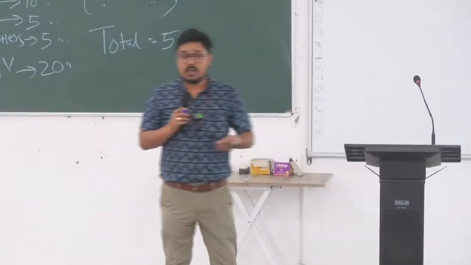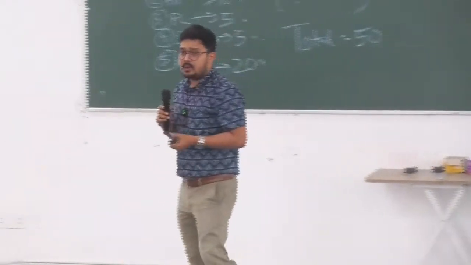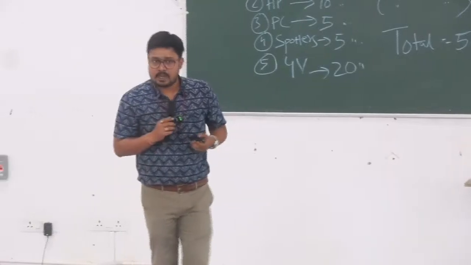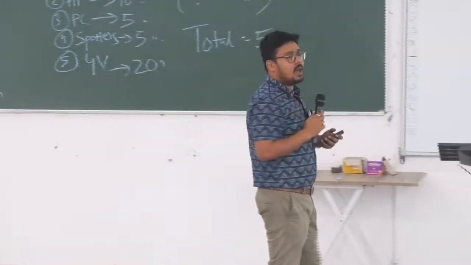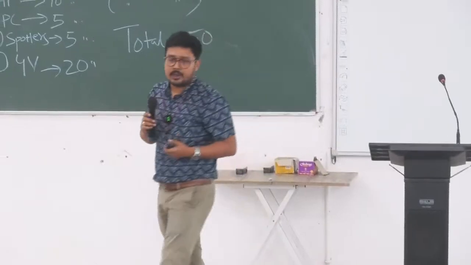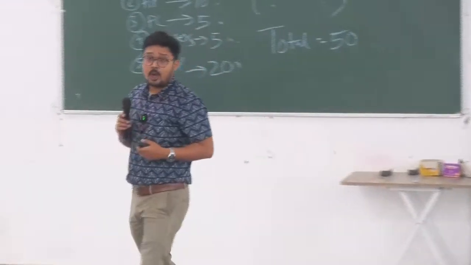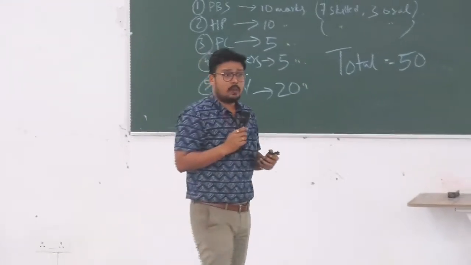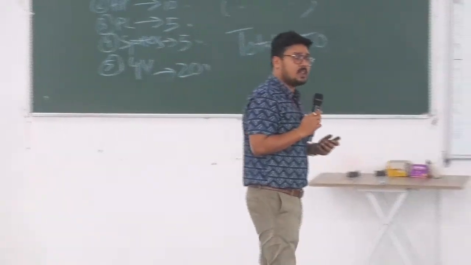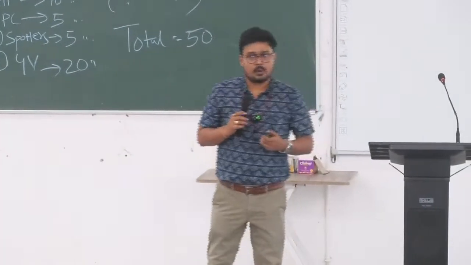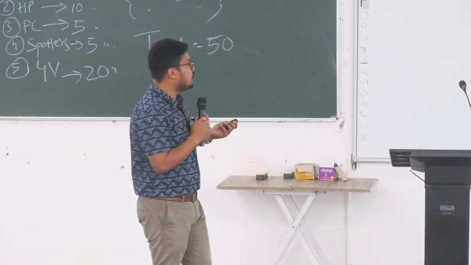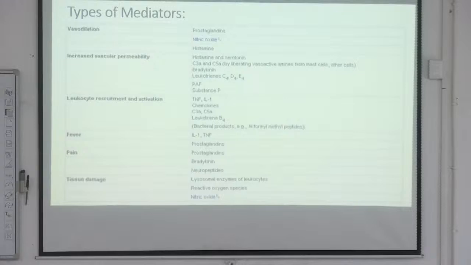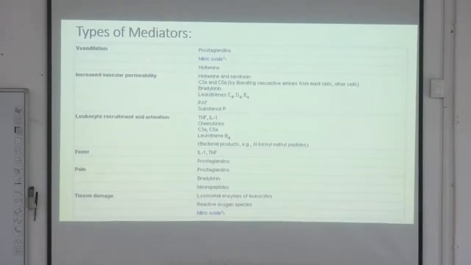Another therapeutic agent is NSAIDs, non-steroidal anti-inflammatory drugs like aspirin, Combiflam, acetaminophen, ibuprofen, Brufen. They inhibit prostaglandin, so the pain sensation of the patient will be less. So vasodilatation, increased vascular permeability, leukocyte recruitment and activation, fever, pain and tissue damage are the major actions of the mediators.